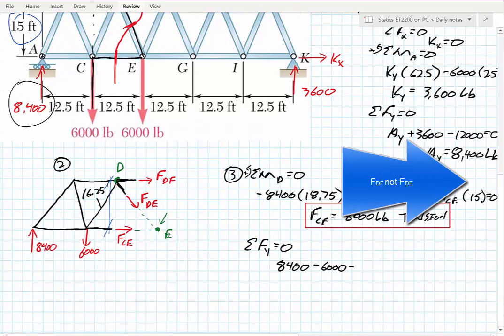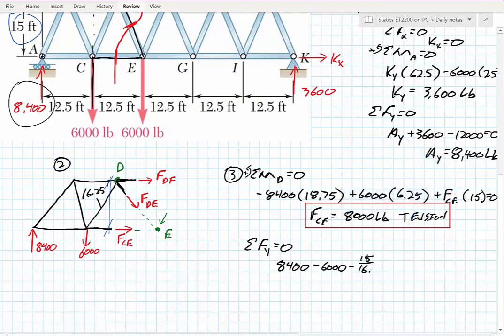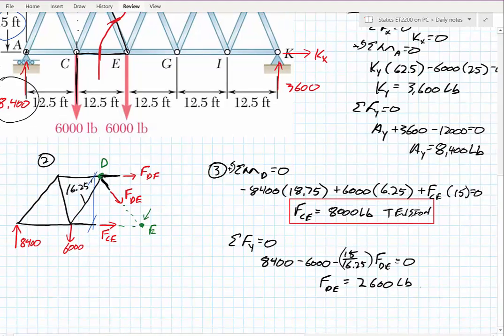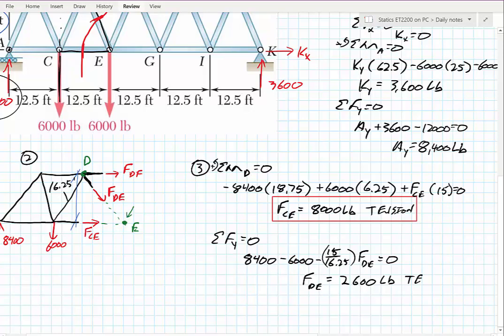So if I wanted the vertical component of that, it would be the vertical distance of 15 divided by the length of it, 16.25, times the force FDE, and I say that's equal to 0. I can solve for FDE. So FDE, after I punch in my calculator, I get something like 2,600 pounds. I also got a positive number, which means it's in tension.